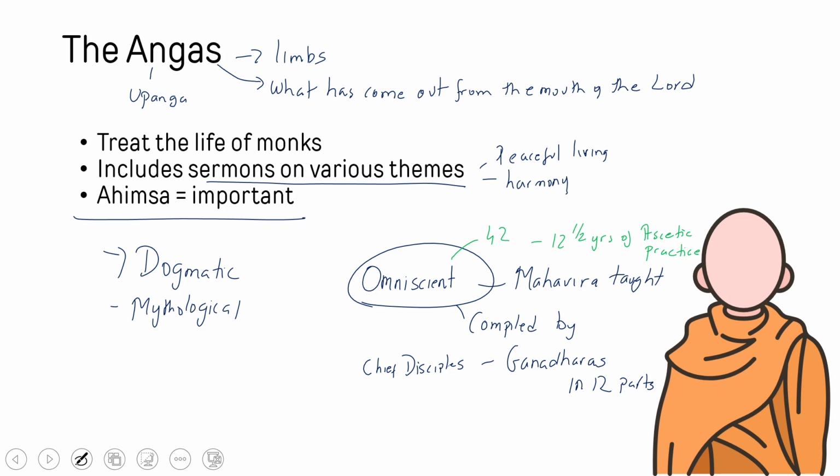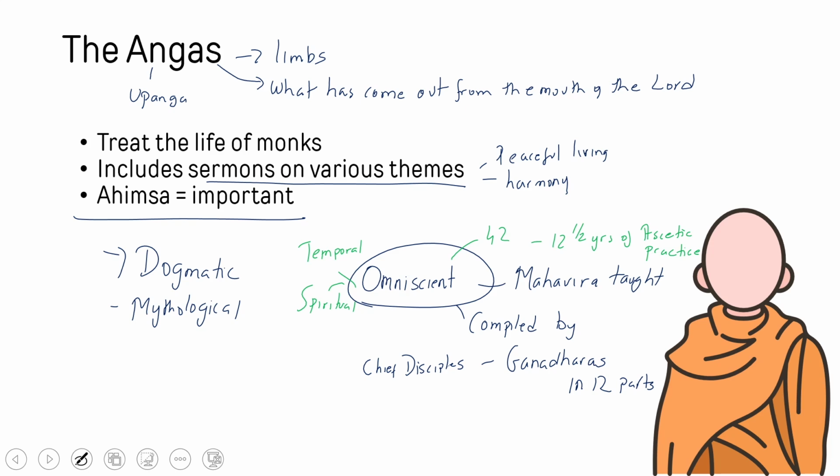As an omniscient being, he had complete knowledge of both the temporal as well as the spiritual aspects, that is, the worldly as well as the spiritual aspects. He had complete knowledge of the universe as such.